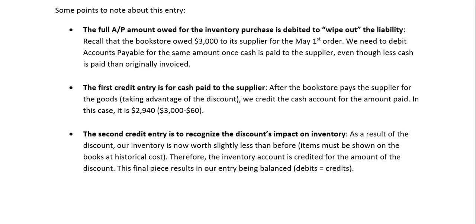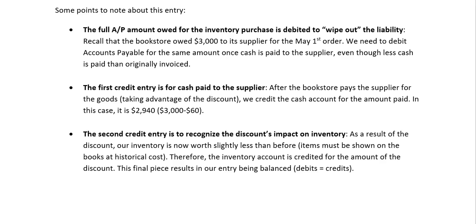In some instances, you might have an entry where you're not sure if you're going to end up with a debit or credit at the end. So that's why I tend to leave blank lines in the middle as I'm going through the process of first writing down my debits and then my credits. In this case, first I wrote down account payable as a debit, and I wrote down my cash as a credit, as I knew it was for sure going to be a credit. And then I saw what was left over, which made sense, $60 coming out of inventory.